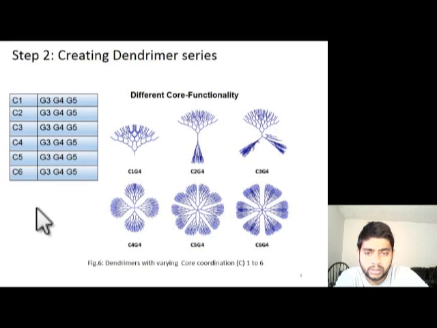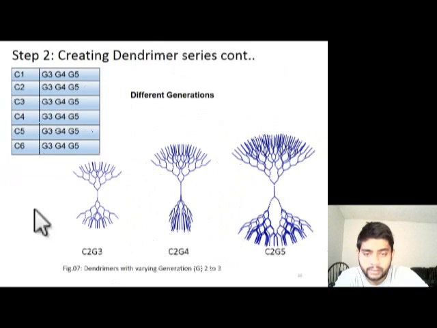In step 2, we create different dendrimers with different coordination. You can see here C1 is one branch beginning from the core, and C2 means two branches beginning from the core. Likewise, we create C1, C2, and C3 until C6, and also we create different generations, that is G3 to G5.